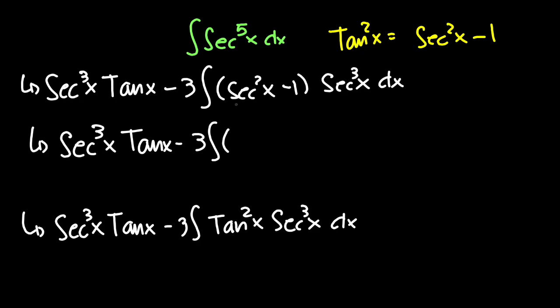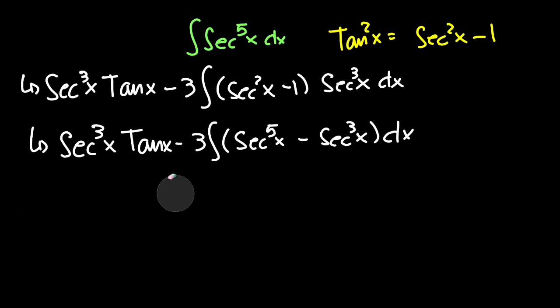So this would be secant squared of x multiplied by secant cube of x would be secant to the power 5 of x minus multiplying this, it is secant cube of x dx. The next step for here would be to split this integral into two parts.